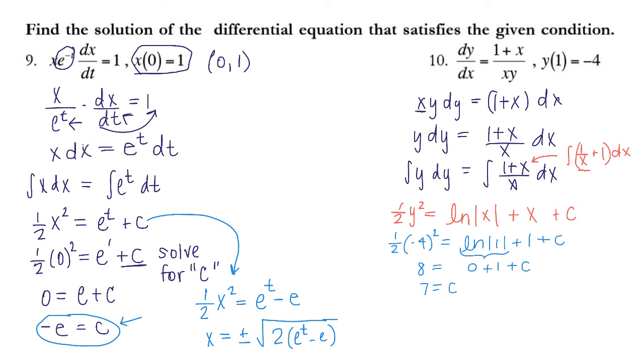So now that we've solved for c, we go back and we find our equation that we had before we solved for c, which is right here, and we pull that down, and we're going to plug in this value. So I have 1/2 y squared equals the natural log absolute value of x plus x, and then we found that c is going to be 7.